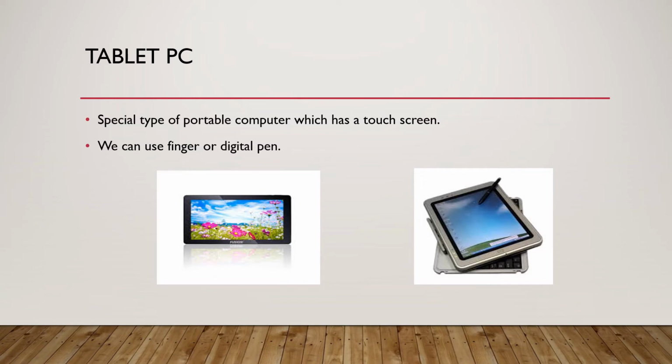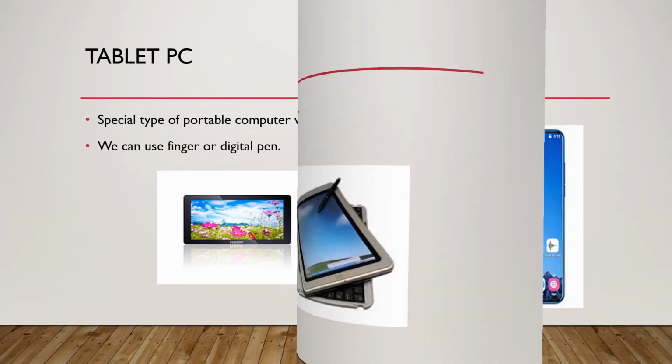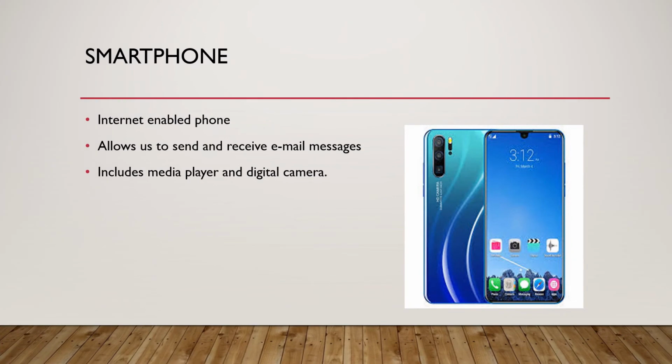The first image shows it used with the finger, and the next one shows it used with the help of a digital pen. So it is used as a touch screen and it is portable. Portable means you can carry it anywhere. Portable means you can carry your mobile device anywhere.